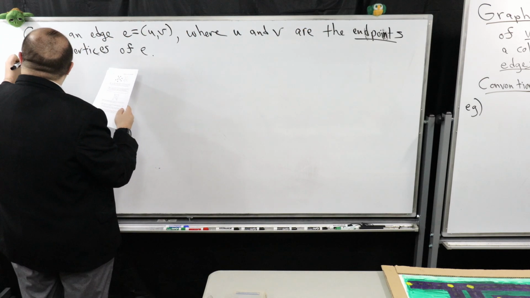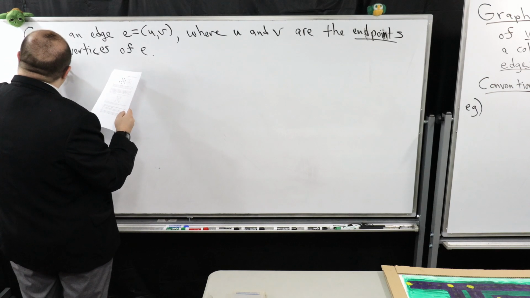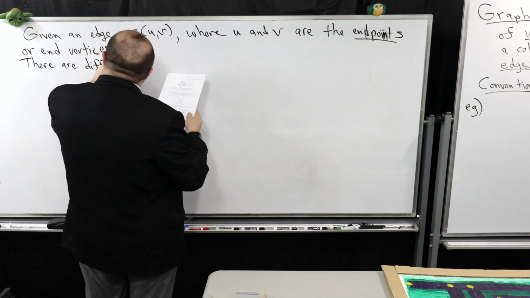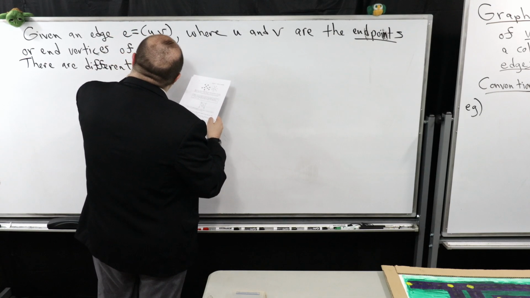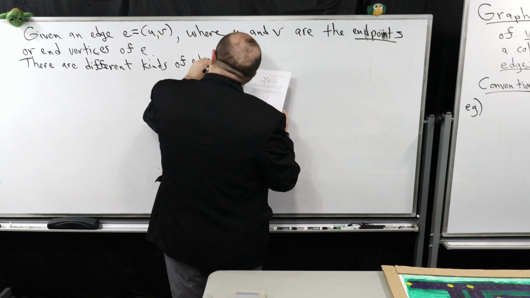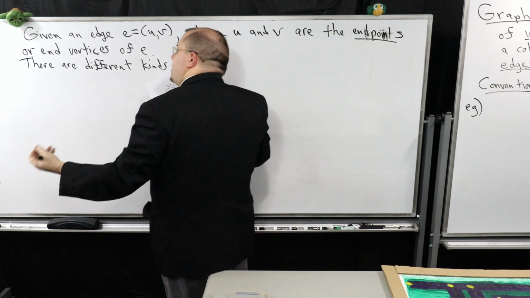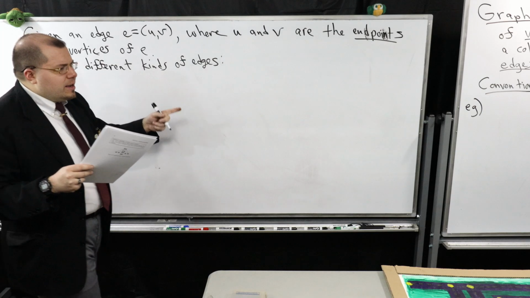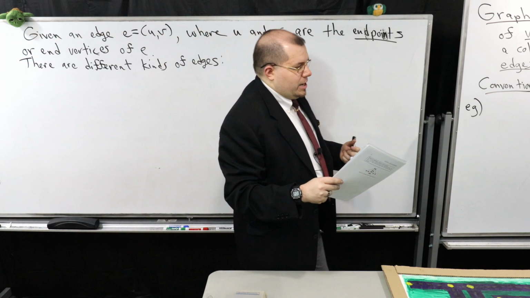So there are different kinds of edges. These different kinds of edges tell us what kind of graph we're looking at. Notice how I talked about an undirected graph over there? This is because of the edge types.